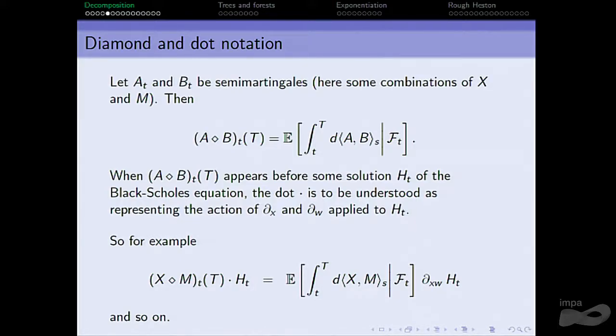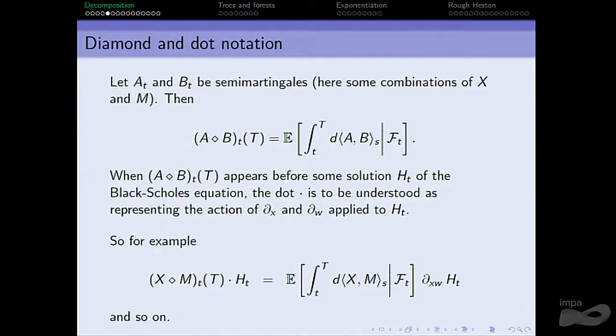Now, let's be a bit more formal. Let A and B be semimartingales. In this particular case, we're only going to be talking about X and M, but of course we can solve other kinds of problems with this notation. Then A diamond B is simply this autocovariance functional.